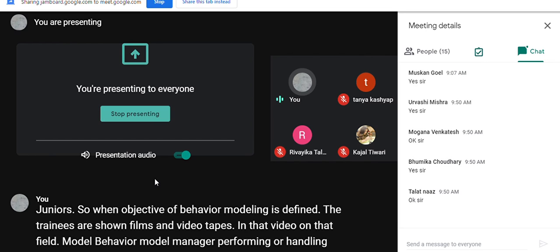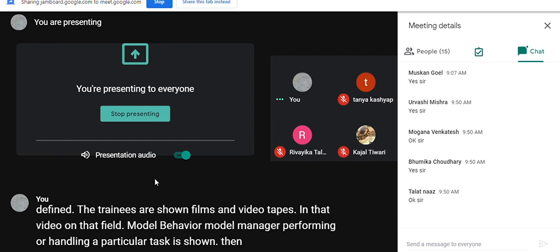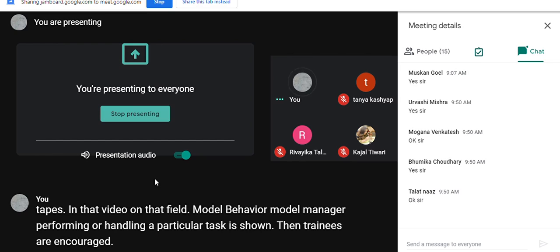Then trainees are encouraged to rehearse the model. They have to observe the traits minutely.